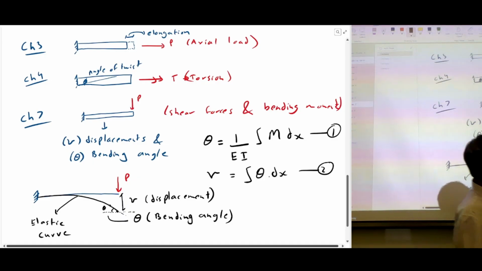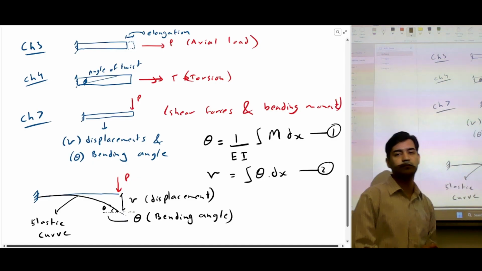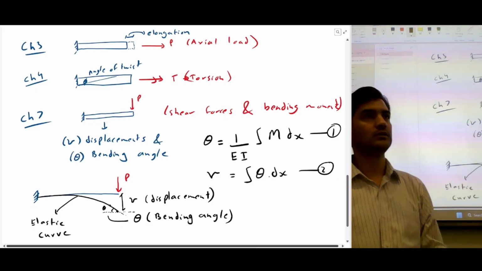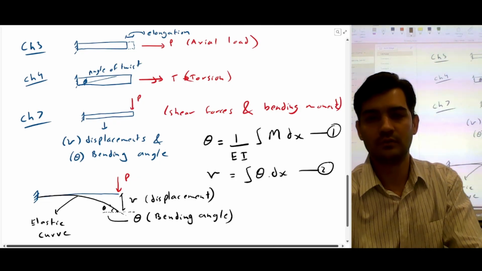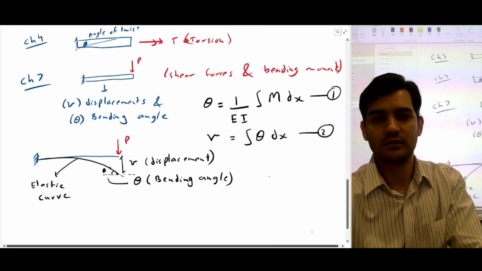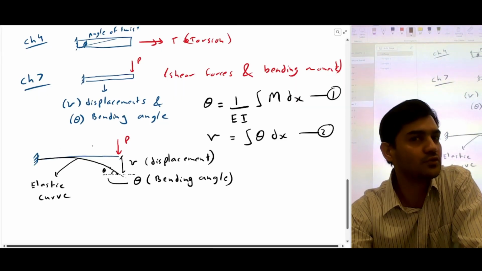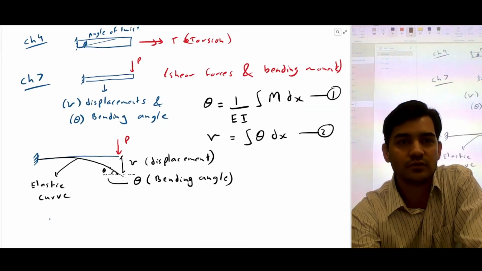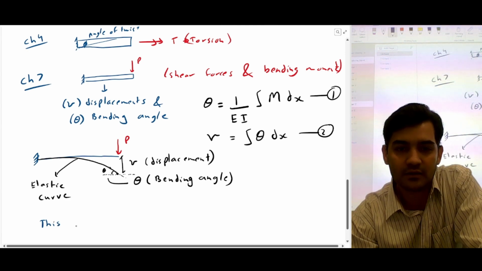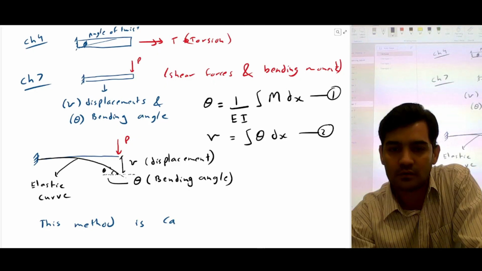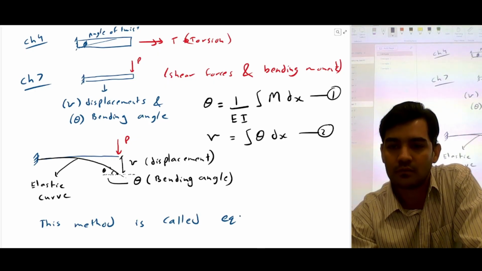And once you have the bending angle, you can integrate the bending angle, and then you will get the displacements. And since we are using equations to solve, this method is called equation method.